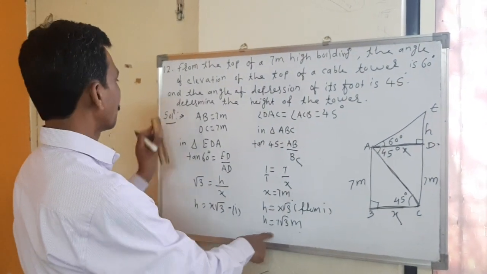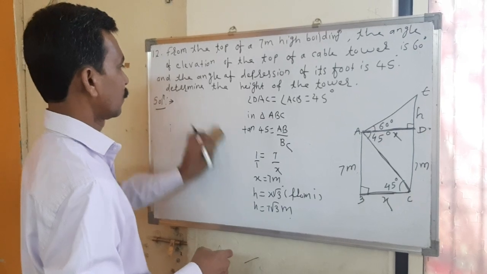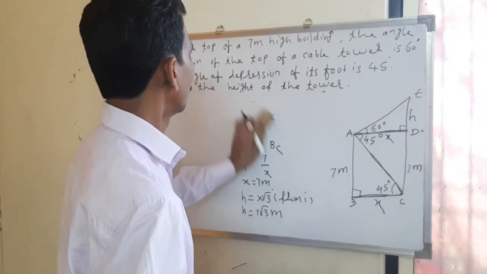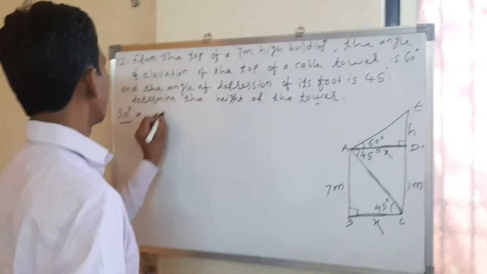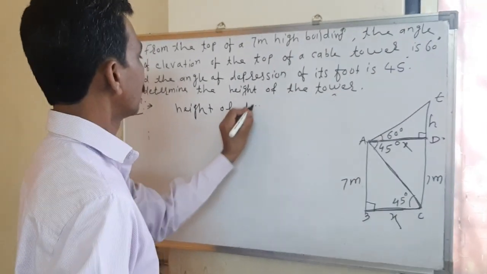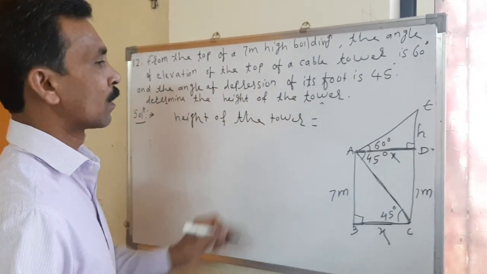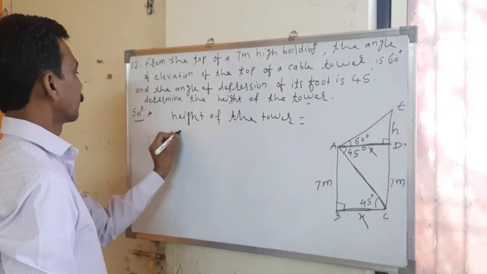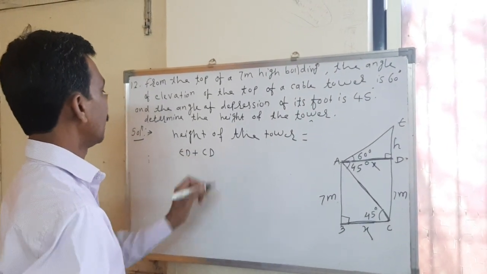After this step, I will write, height of the tower is equal to ED plus CD.